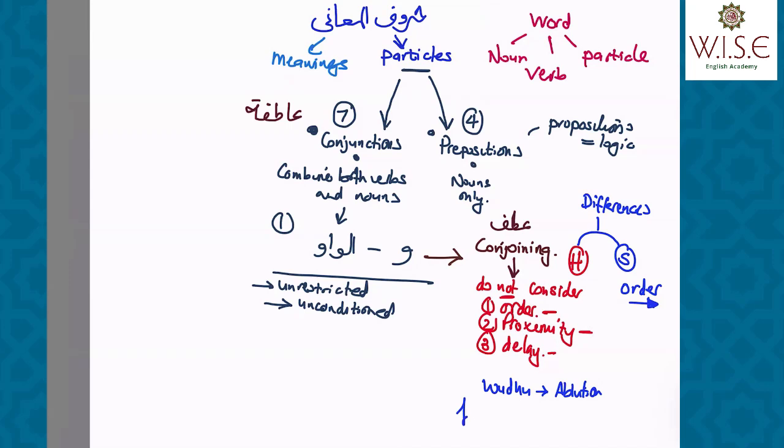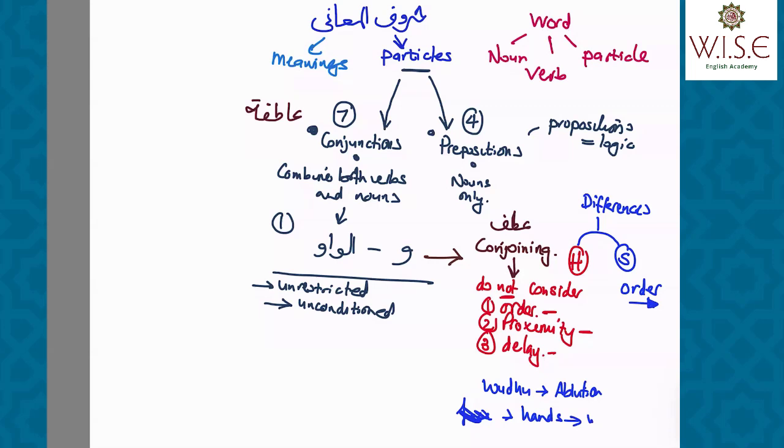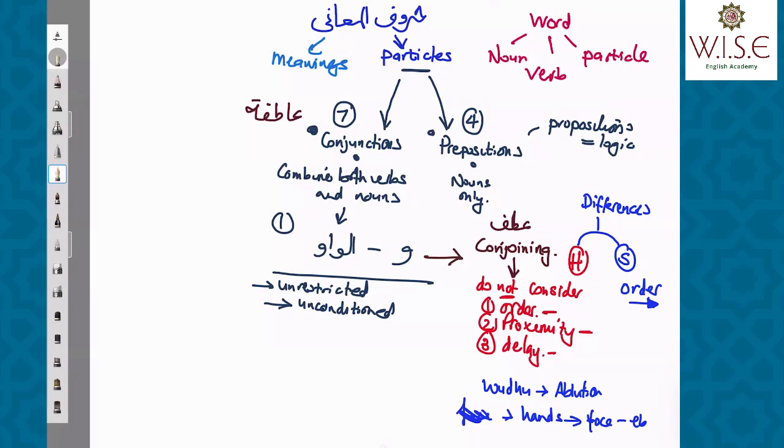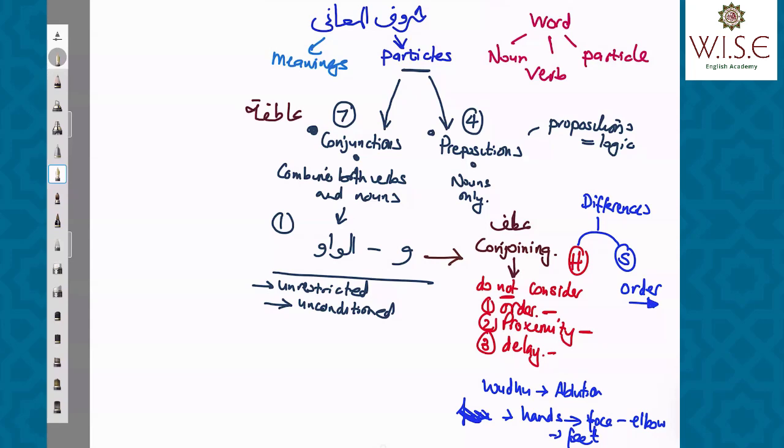So the face, hands, elbows, and then obviously in terms of what's fard, what's an obligation, and then the final one is obviously the feet. So we say there's an atf in there. Ya ayyuhalladhina amanu idha kuntum ila as-salati faghsilu wujuhakum wa aydiyakum. The waw's there. Ila al-marafiqi wa amsahu bi ru'usikum wa arjulakum. So we say, because we're Hanafis, we say we don't consider the order.